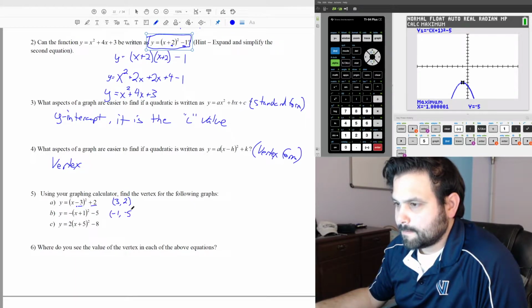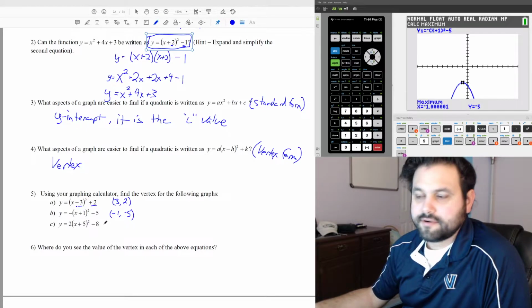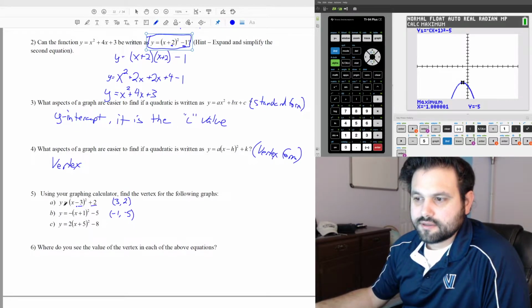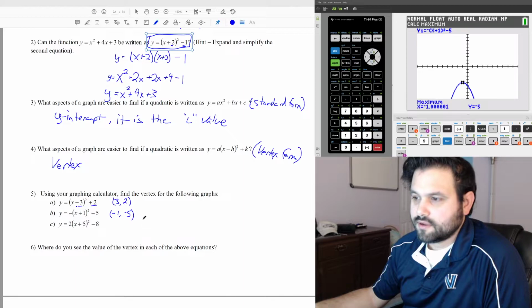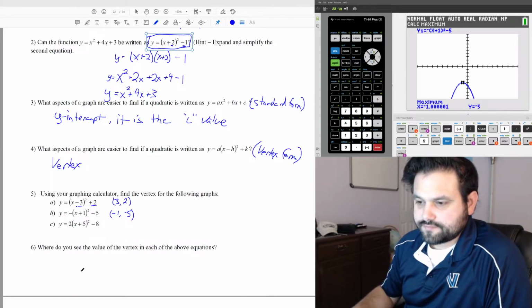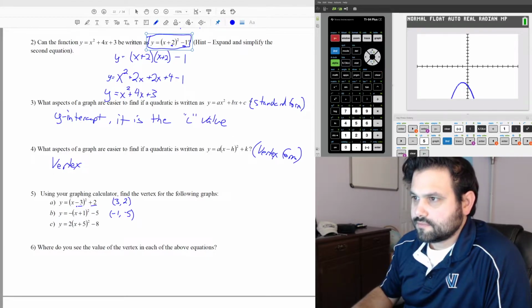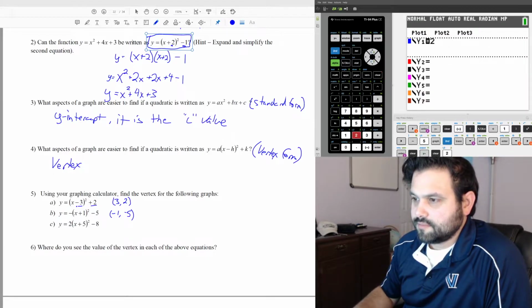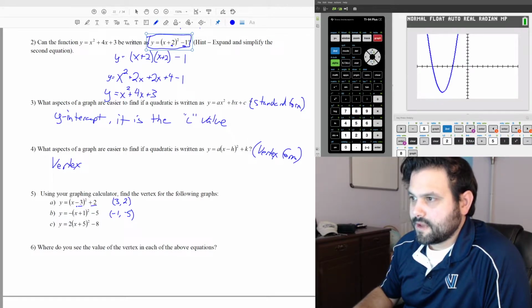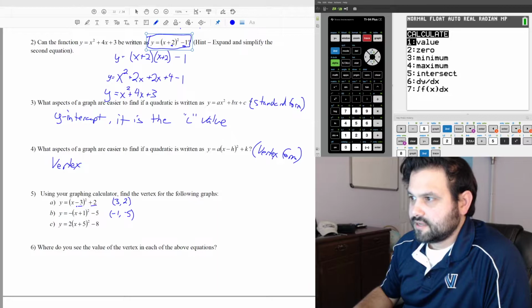Okay. We're looking for a pattern of how to relate this form to the vertex. Last example. Going to plug this in. Okay, you can see the vertex. It is a minimum.